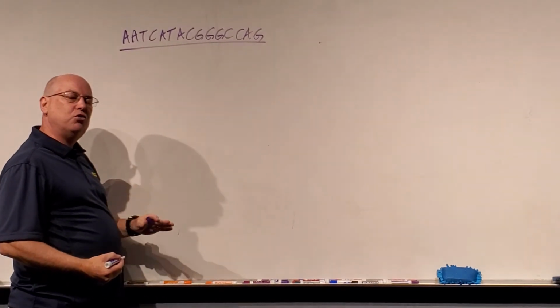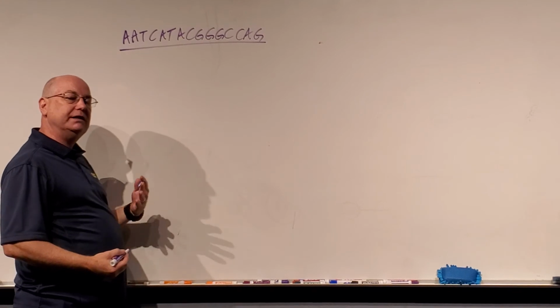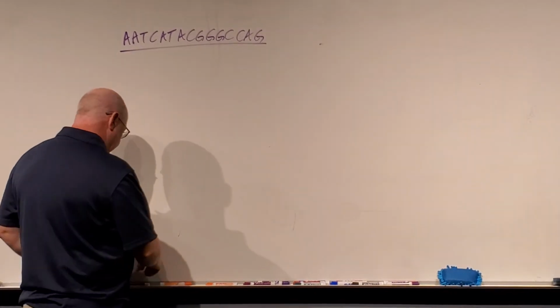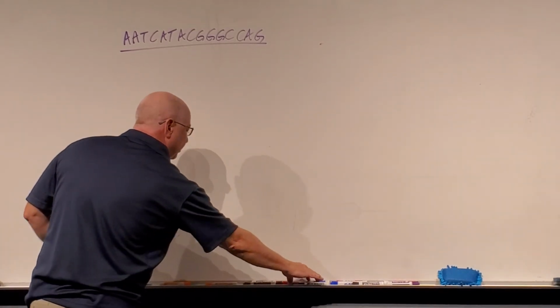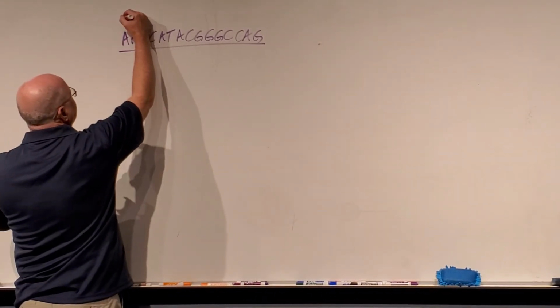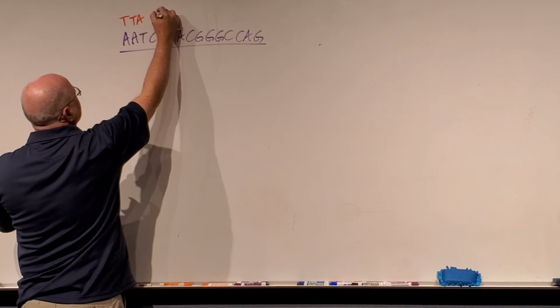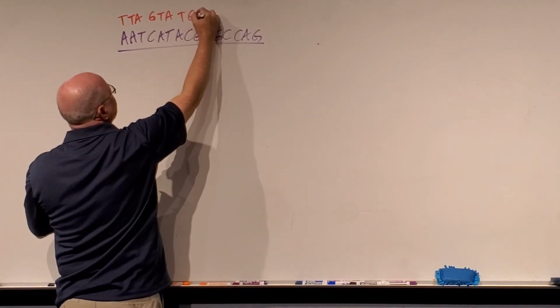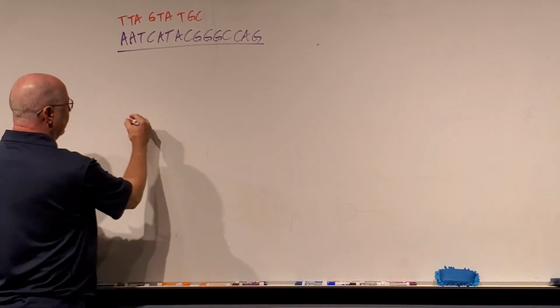Please give the order of bases that would be found in the complementary DNA strand. Then all you would have to do is the base pairing rule. And it would be TTA, GTA, TGC. And you start checking answers.